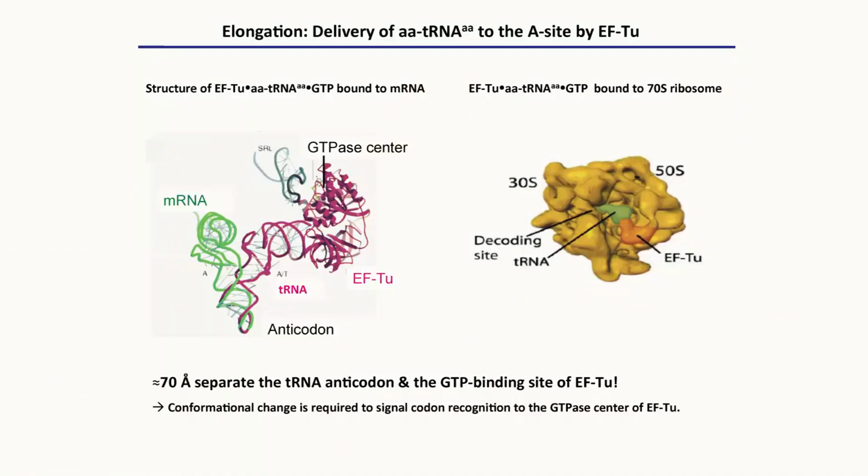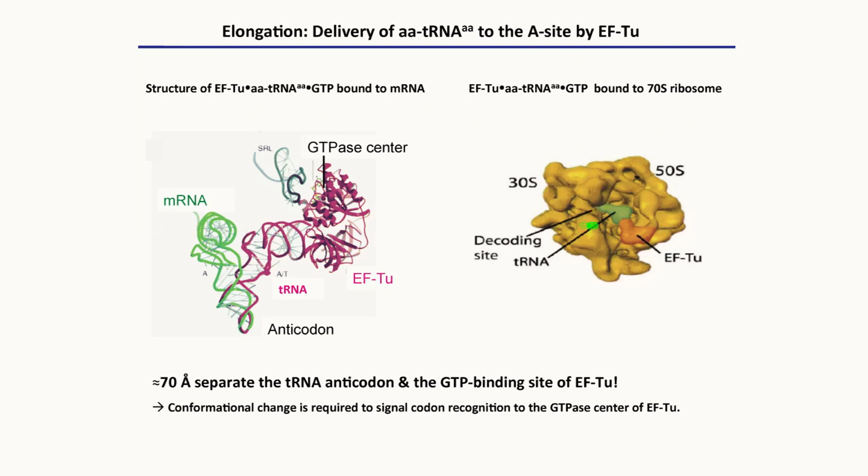Just another view. Here, again, we have the structure of the ternary complex bound to the mRNA. And here we can look at the ternary complex bound to a 70S ribosome. We have the ribosome in this orangey gold color, the 50S, the 30S. Here we have the PTC and decoding site.